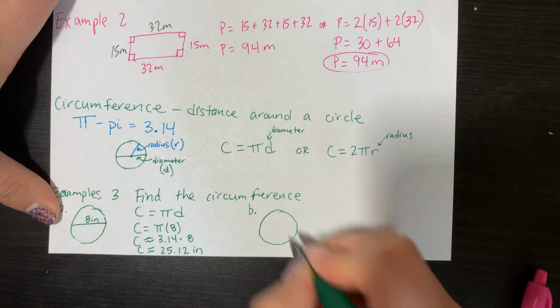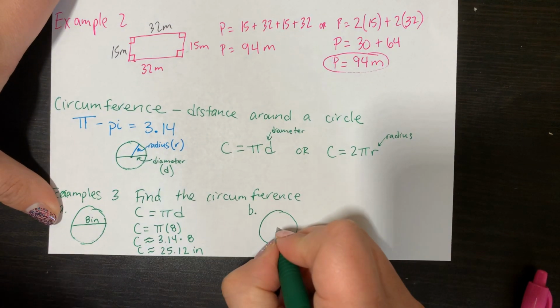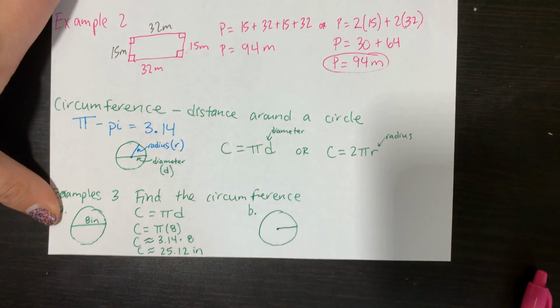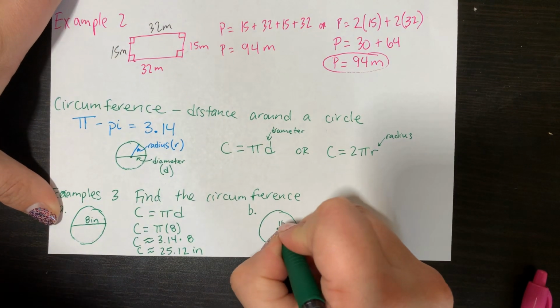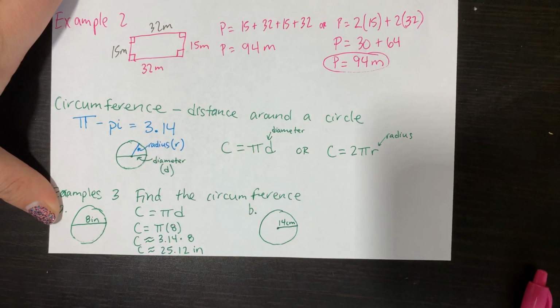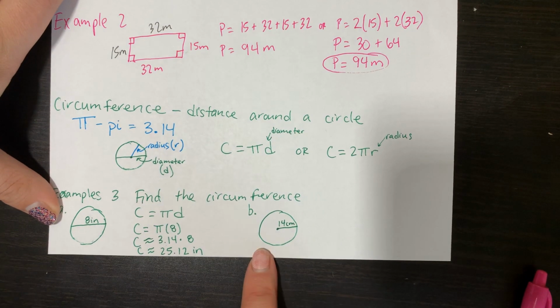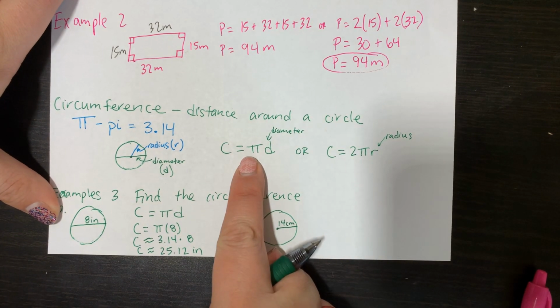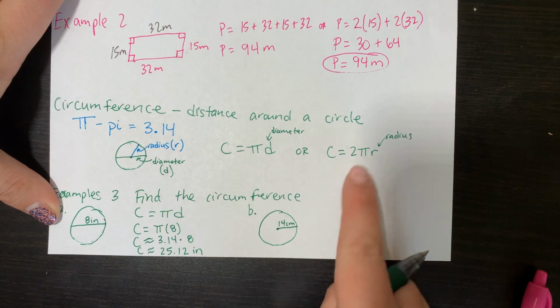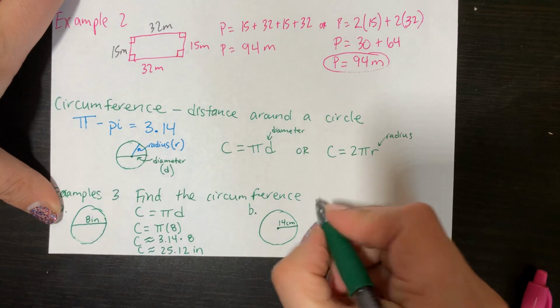On this one, I didn't give you any directions. This one, we're going to have a radius. So now we're going to have to pick. Do I want this one or do I want this one? Well, it's a radius, so I'm going to use this one.